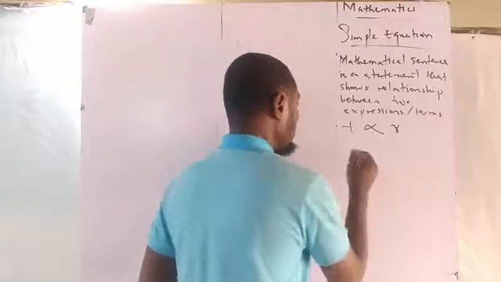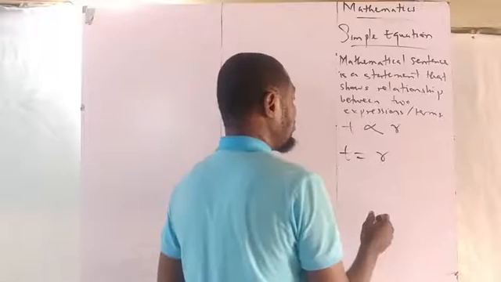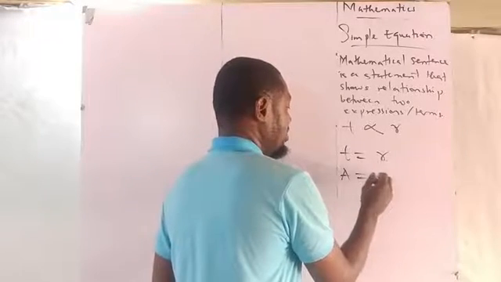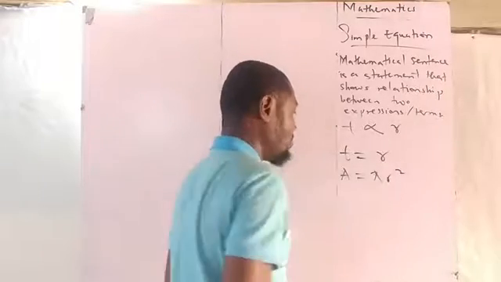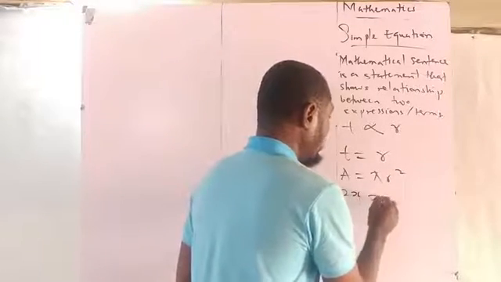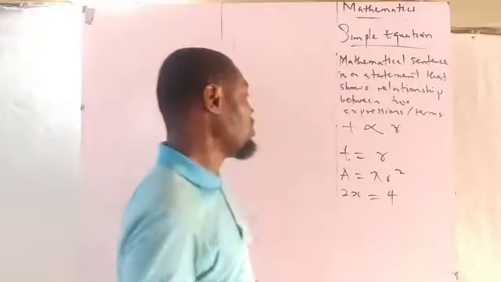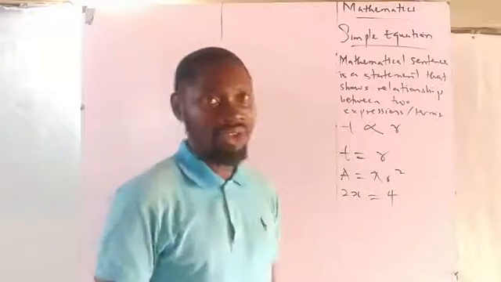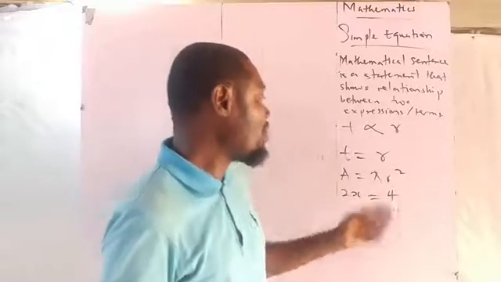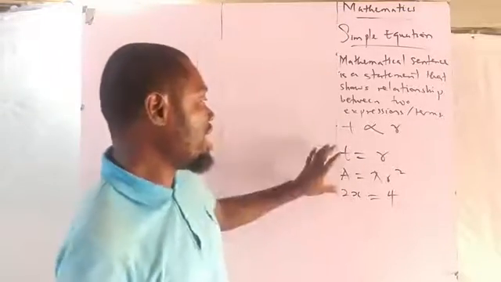Example, T is equal to R. A is equal to pi R squared. 2x is equal to 4. These are different equations, but yet we can still identify a formula from here.